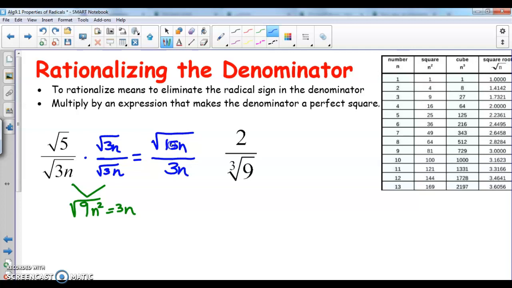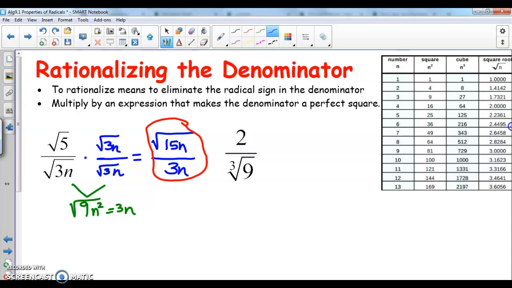Nope. So the 15, it's not a regular number anymore. It is under a radical sign. So think of these two expressions as not like terms, so they can't be simplified anymore. Okay, so the final answer here is square root of 15 over 3n.